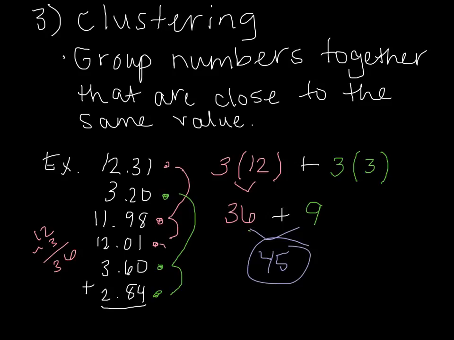So let's try a few examples from the book. These are on your homework, so I'm going to give you a couple answers to get you started on that. The first one I'm going to do is number 1 on page 130. In my book, it might be different in your book. And it says, identify the underlined place value, then round each number to that place value.